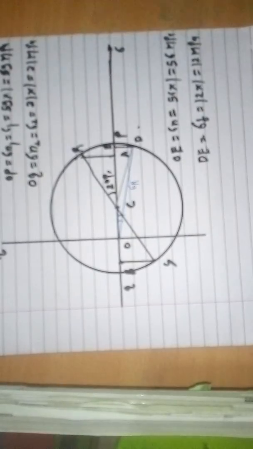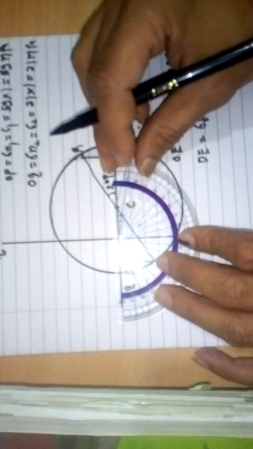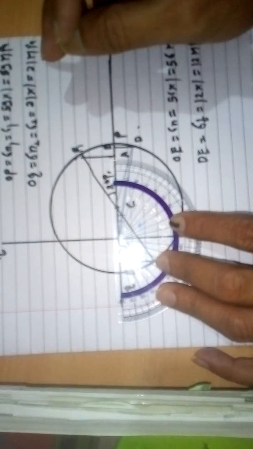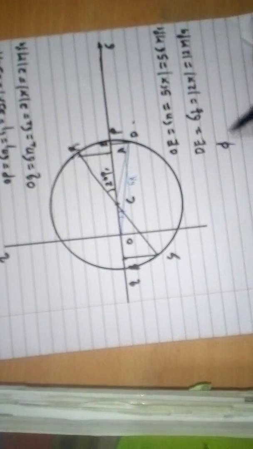Then we need to measure the angle of obliquity, that is phi. That angle of obliquity is 12 degrees. Phi equals 12 degrees.